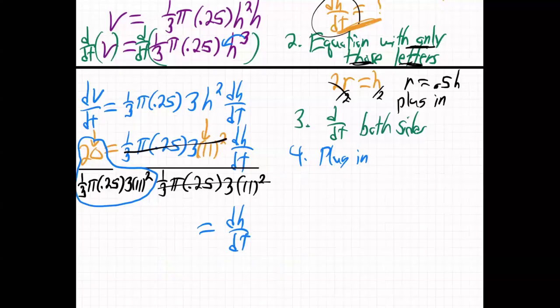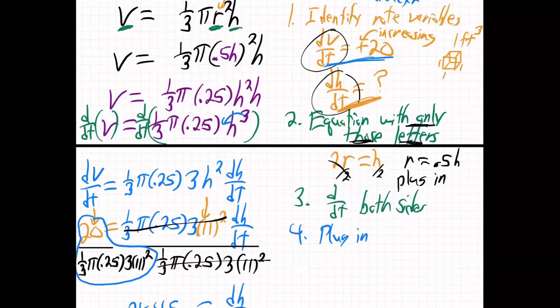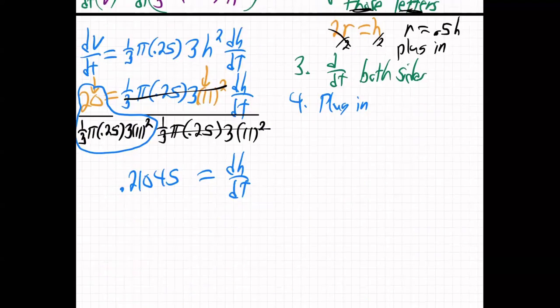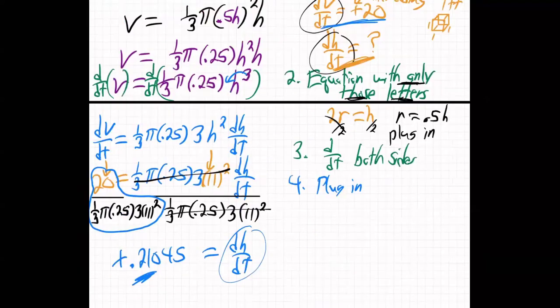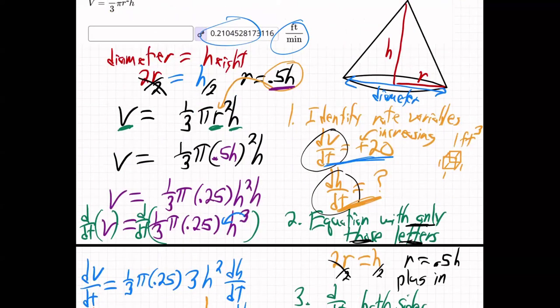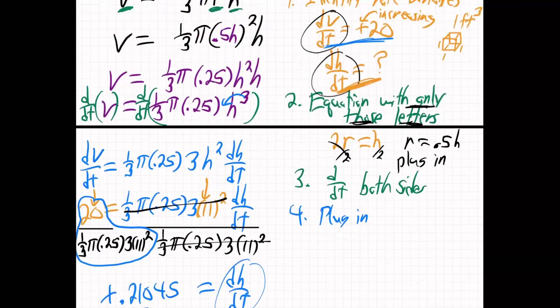0.21045. It's positive. And that is positive. That means the height is going up 0.21 feet every minute. Isn't that interesting?